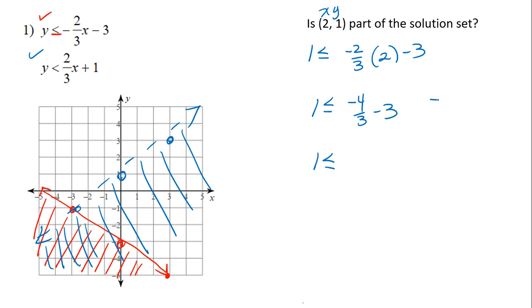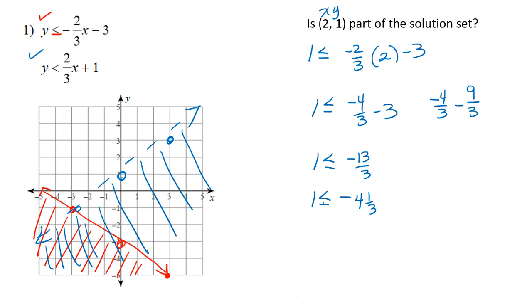I'm going to make a common denominator of 3. And this gives us -13/3. 1 is less than or equal to, if we converted this to a mixed number, we would get -4 1/3.